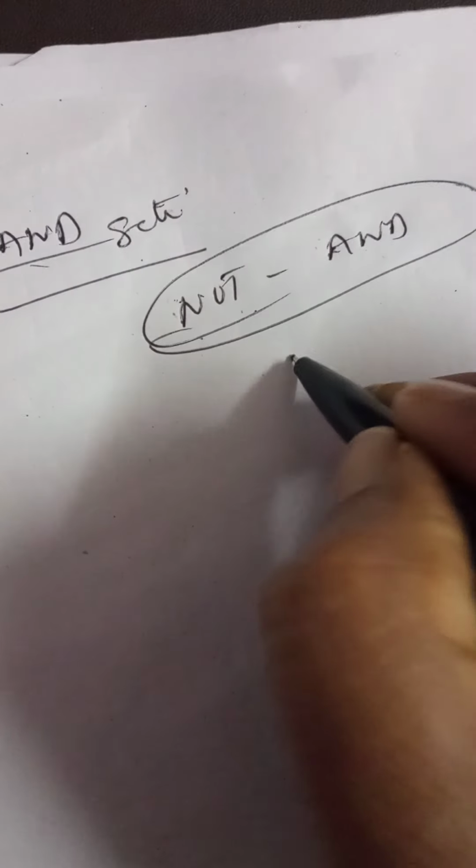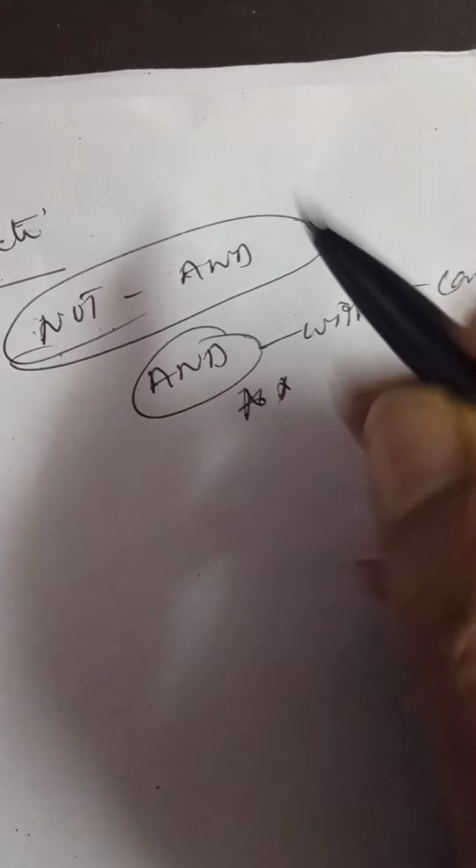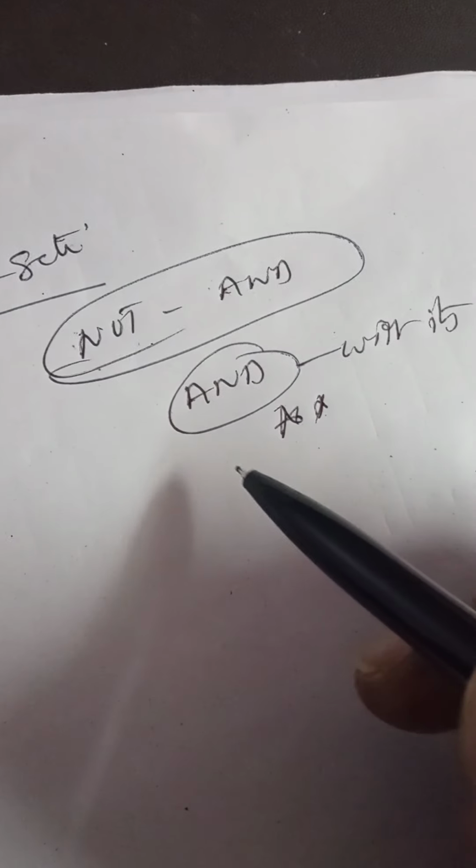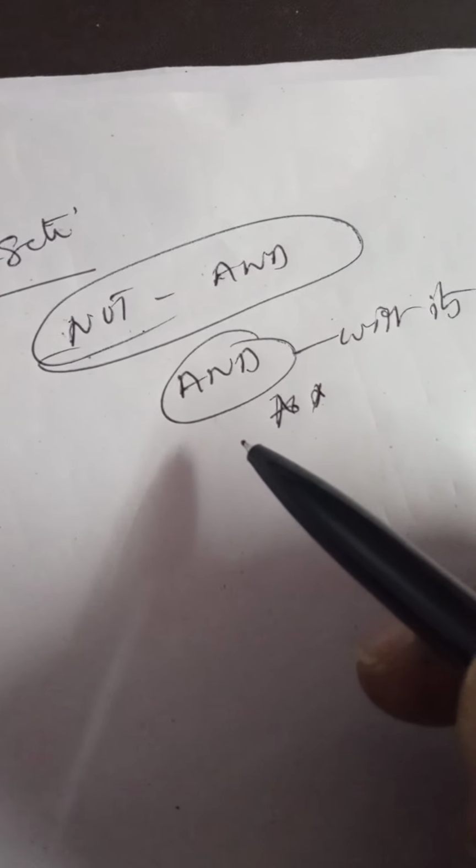NOT and AND gate is called the NAND gate. And the NAND gate function is nothing but the output is AND, you will get with its complement. You should remember this one. The NAND gate output is nothing but the same as the AND output, but with its complement.